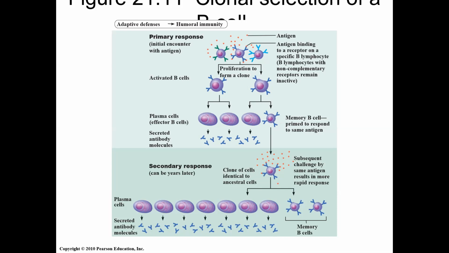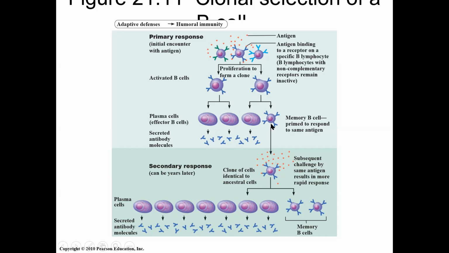This is why when you get a flu, for example, it will take a week to get better, because it takes a week for this process to take place. Once you start making these antibodies, and hopefully you produce enough and destroy all the antigens, then you'll get better.